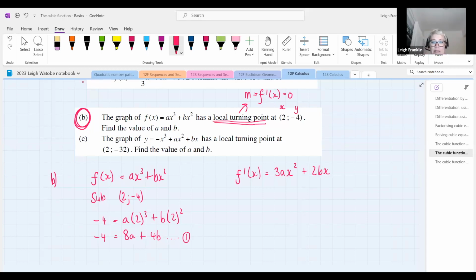Does that make sense to you? The gradient at the turning point is 0, so you sub 0 for the gradient, and you know the x coordinate at the turning point is 2, so you sub in 2 in place of x. You have another equation in terms of a and b: 4 times 3, that's 12a plus 4b, and that would be your second equation. That's what you do, okay, Leanne?